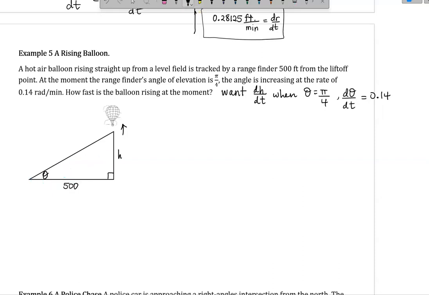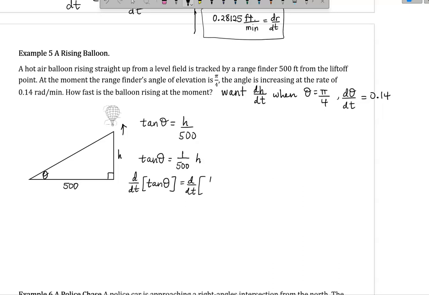We can do that using the tangent function. Tangent of that angle theta is opposite over adjacent, which is h over 500. To make this equation a little easier to work with, note this is the exact same thing as 1 over 500 times h. Now, in order for us to find dh/dt, we need to differentiate both sides of this equation with respect to t.